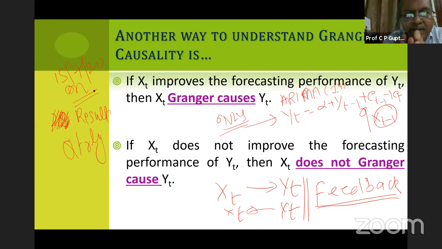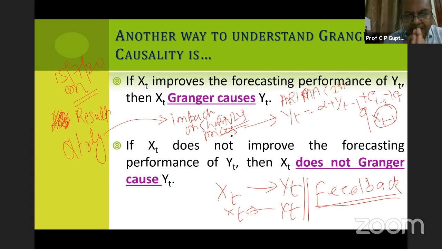And the moment the result is announced, we find there is an impact on share prices. Then I can say the quarterly result is Granger causing Y_t. That's what it means.